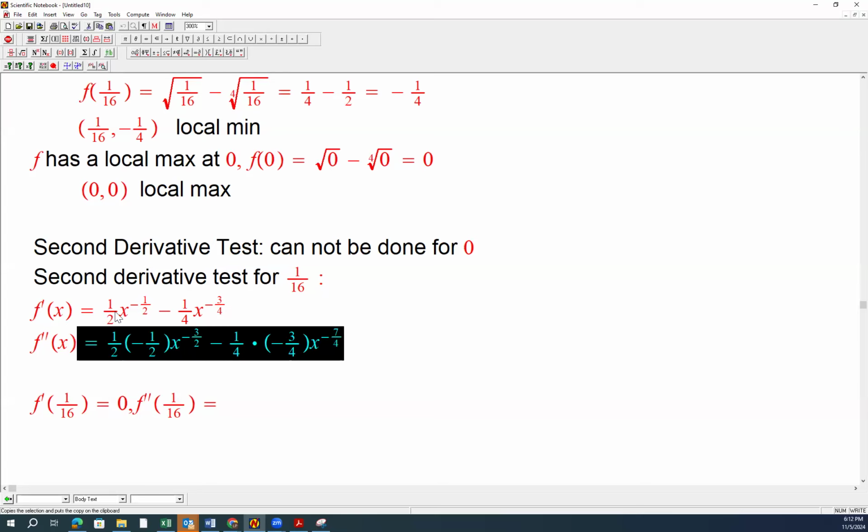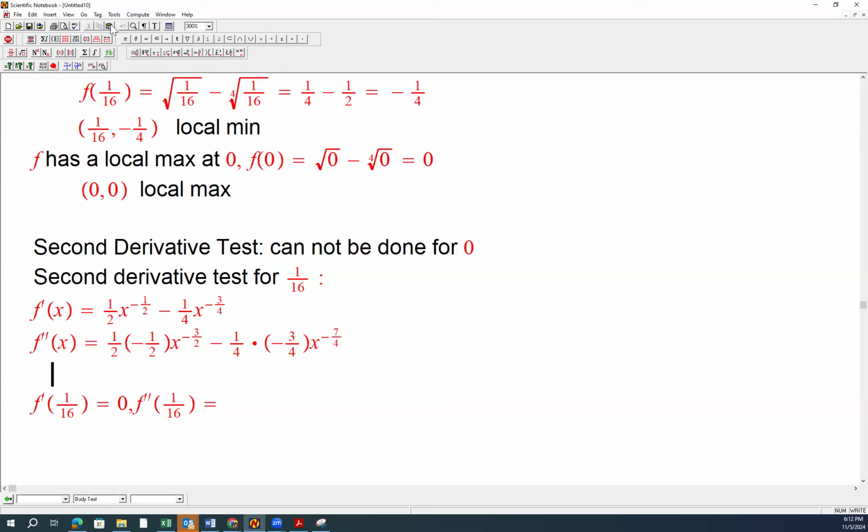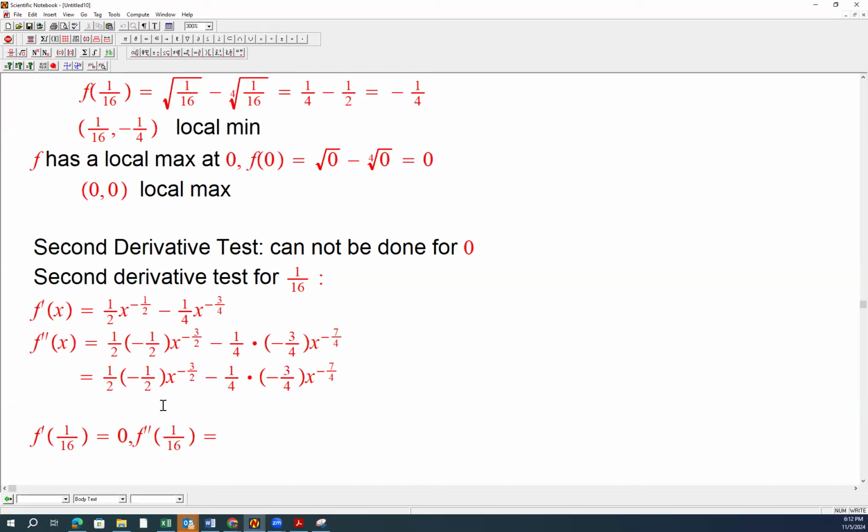We actually don't need to do any factoring, because we're just doing the second derivative test. So this whole thing is -1/4, and this whole thing is going to be plus 3/16.